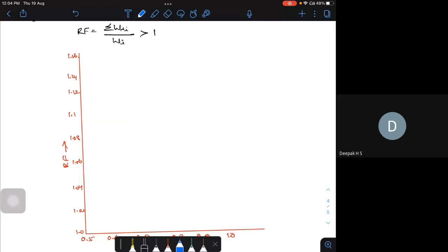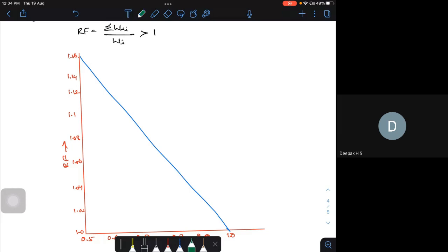So if I take the pressure of the steam, maybe 10 bar or 20 bar, whatever it may be, with a degree of superheat, if my degree of superheat is very high, I may get an efficiency curve something like this.